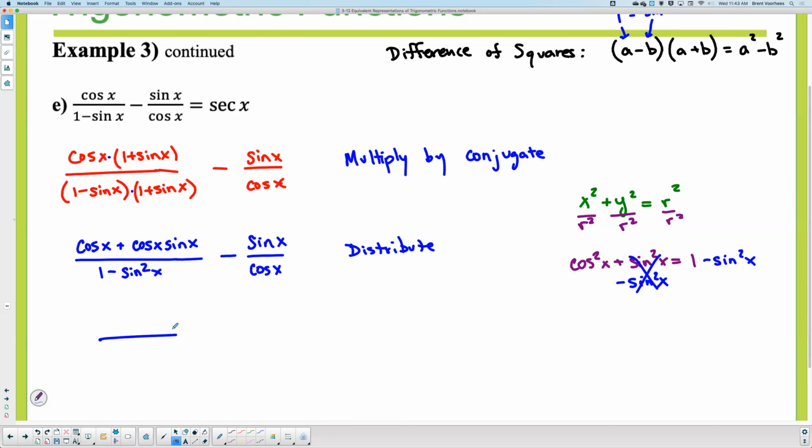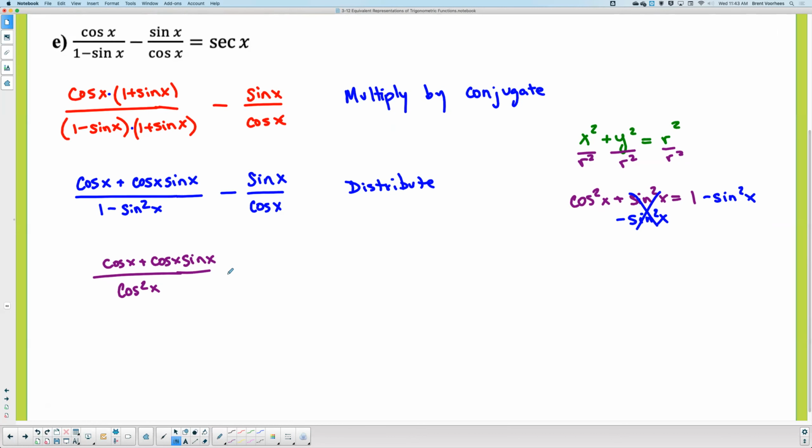Let me do it in purple so you can see where I got that. The denominator is cosine squared. Up in the numerator, I'm just going to leave it like this. And what's the rule with fractions to add and subtract? Common denominator. You see how it's a cosine right now?